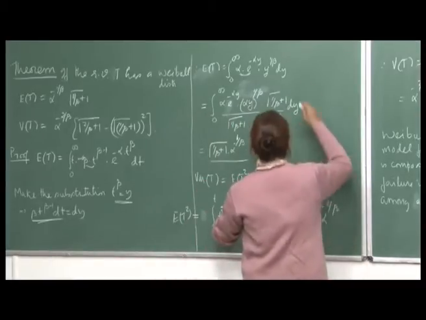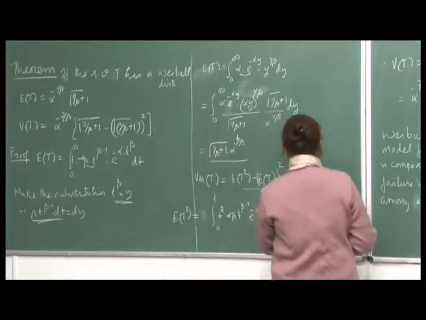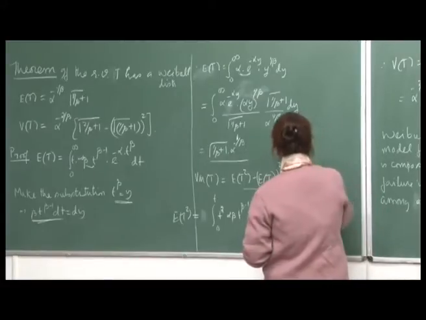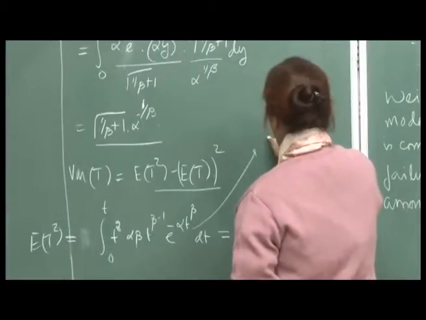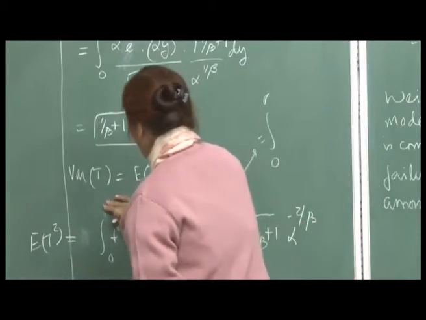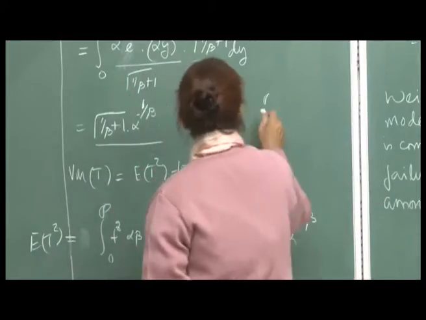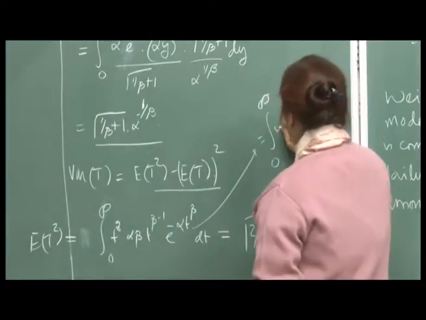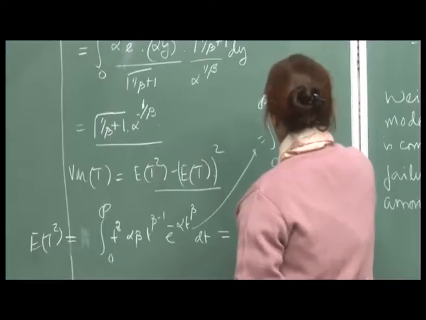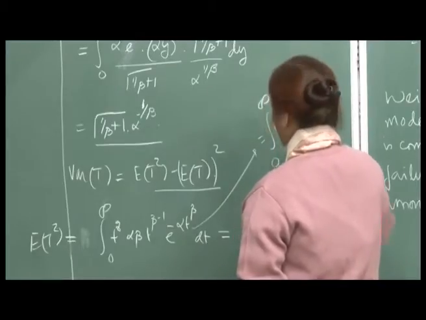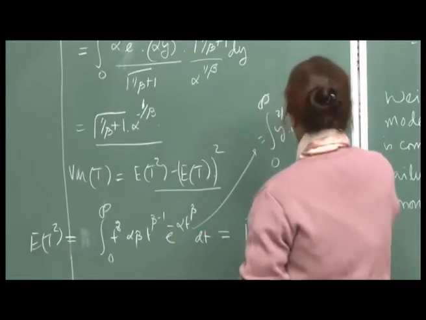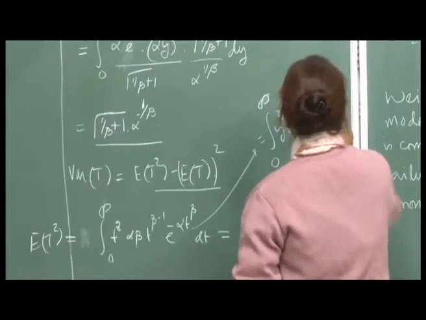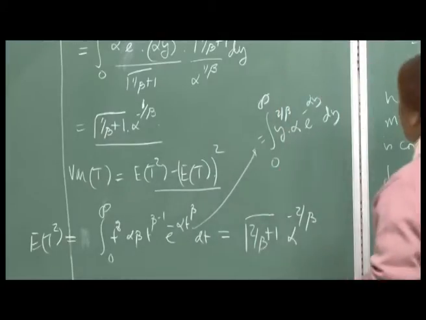So, this will be the integral from 0 to infinity of y raised to 2 by beta, and then you have an alpha, and then e raised to minus alpha y dy.